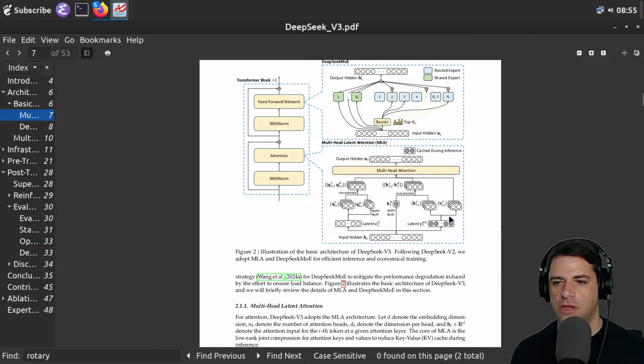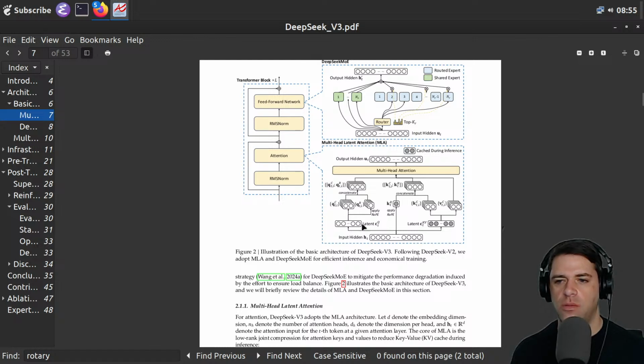We get keys and values from the latent combined key value thing. This does still seem to be shared, and we concatenate the shared thing with the non-shared thing that came from the latent stuff, and that's the key thingamajiggy.